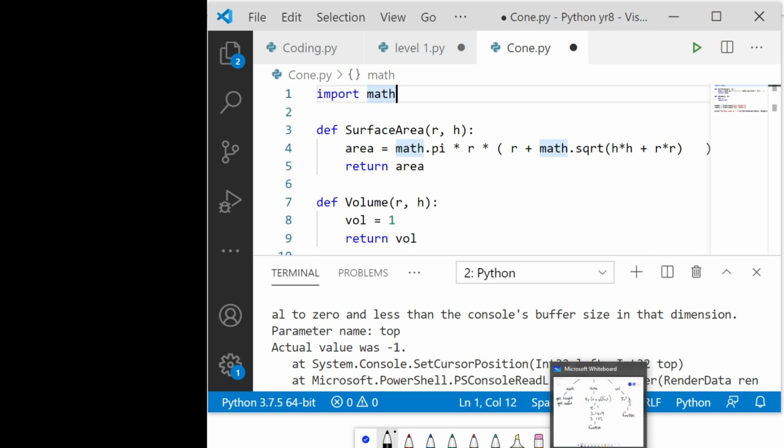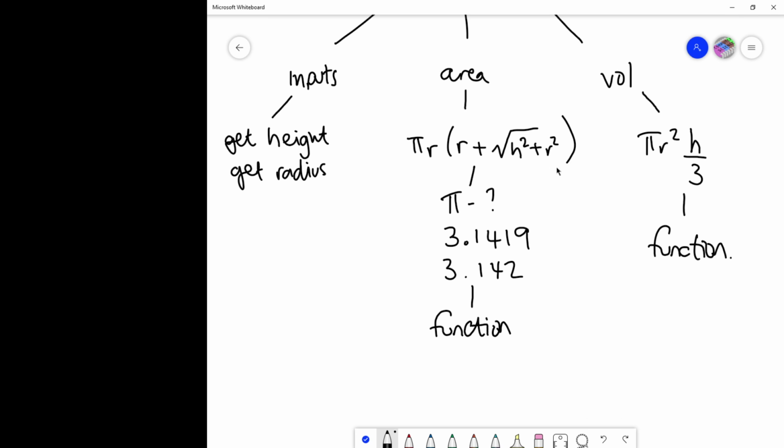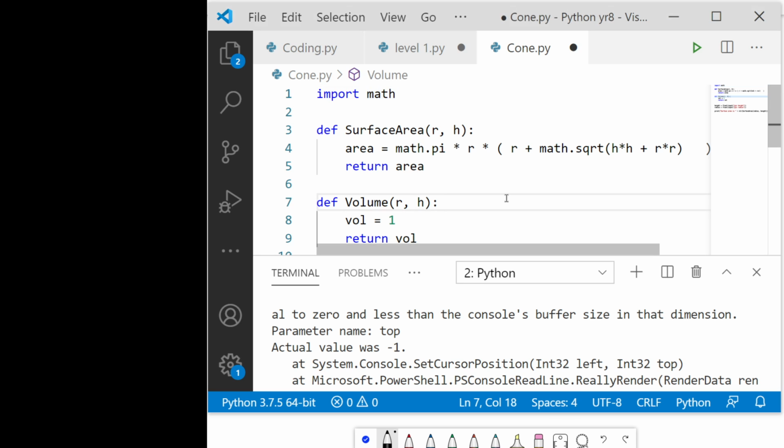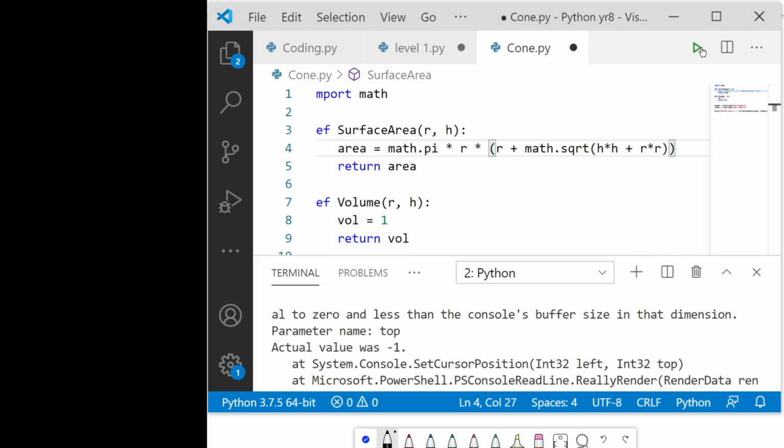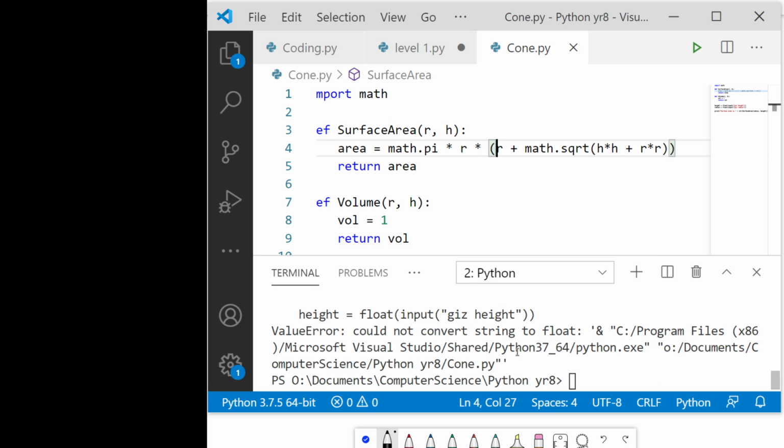You should never be afraid of using complex formulas when we're programming, because it's just a matter of taking maths notation and turning it into something that we can understand as a bit of code. So I've duplicated that. Okay, so I'm saying multiply math.pi.r by all that. Right, I'm going to run it and test it to see if it works. Oh, did I get an error there?